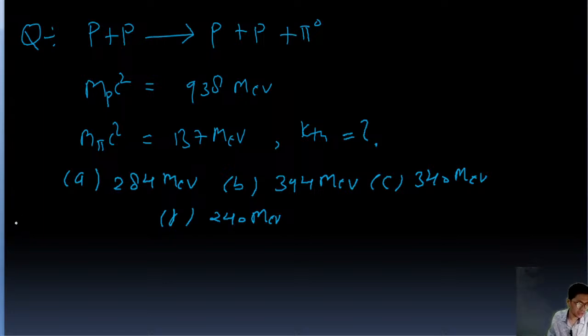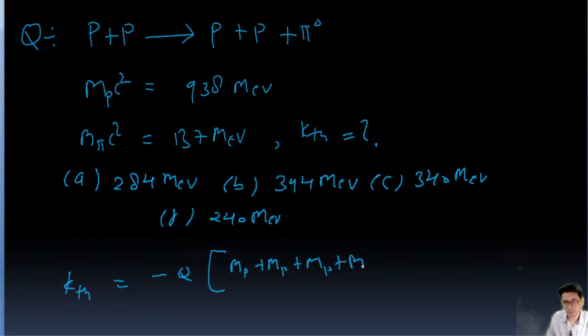So in this case, there are more projectiles. The value of KTH is going to be minus Q into MP plus MP plus MP plus M pi upon 2 MP. This is one, because P is the projectile here and the other P is the rest.